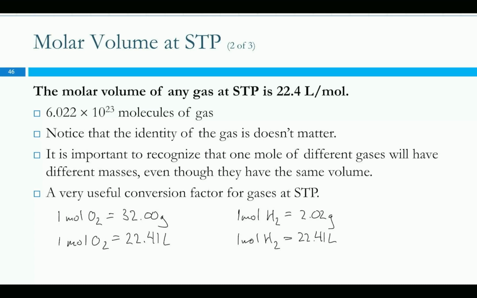I'm saying 1 mole of hydrogen is 2.02 grams in 22.41 liters. That's the density of that gas. And we can use gas laws to calculate the density of gases. If we know the volume, temperature, and pressure, then we can find the number of moles, and we can find the molar mass of the gas if we know its density.